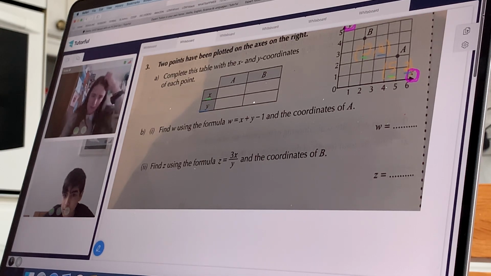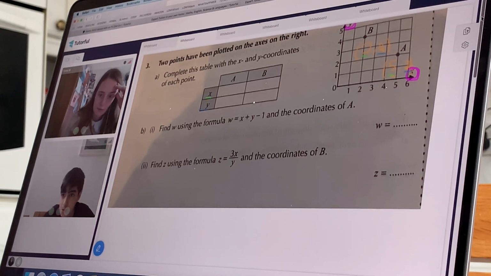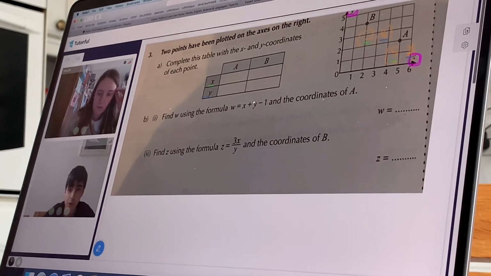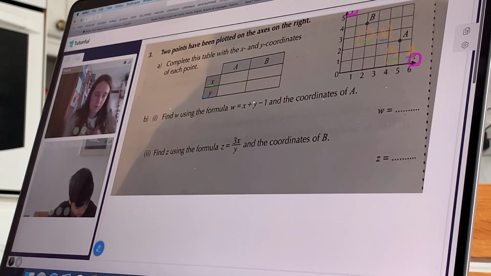So what would go in this first box? It'll be 2. No, 5. 5, yeah, brilliant, because on the x-axis it's a 5 at A. And then the next one is 2.